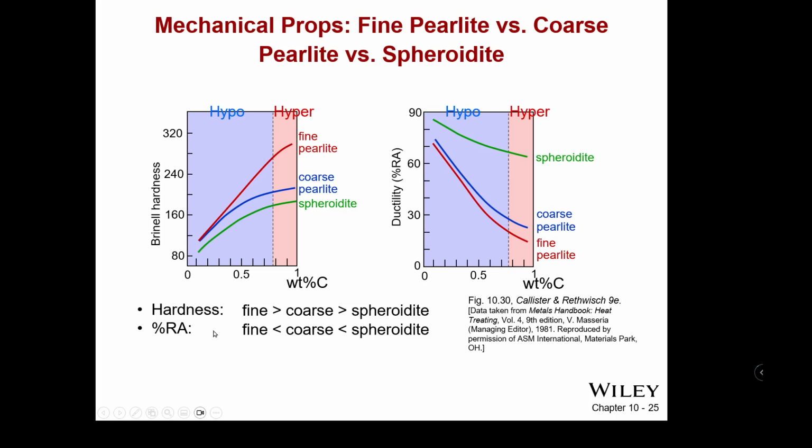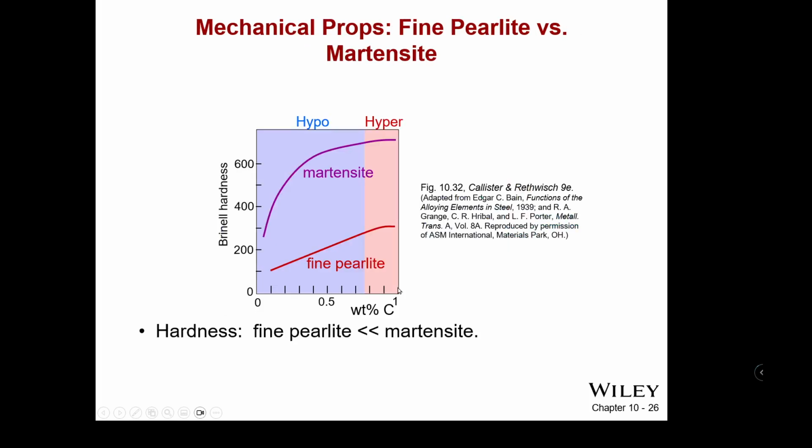Always the ductility, percent reduction in area, is opposite of the hardness. So you can't have a hard material that's also ductile. It doesn't work. You can have a hard material on the outside and a ductile material on the inside by having layers of different materials. And that's why we do composites of things.